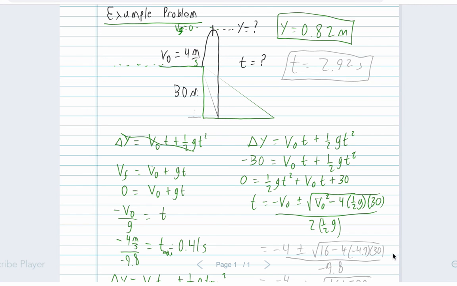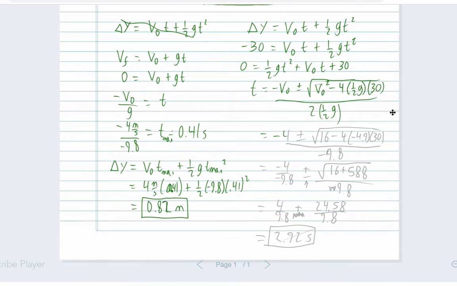Alright, now let's plug in some values and see what we get. So minus v naught is negative 4, plus or minus the square root of 4 squared, which is 16, minus 4 times 1/2 g, which is negative 4.9, times 30, all over what basically becomes g, or negative 9.8. Okay, we're getting close. So I'm going to rewrite it like this.